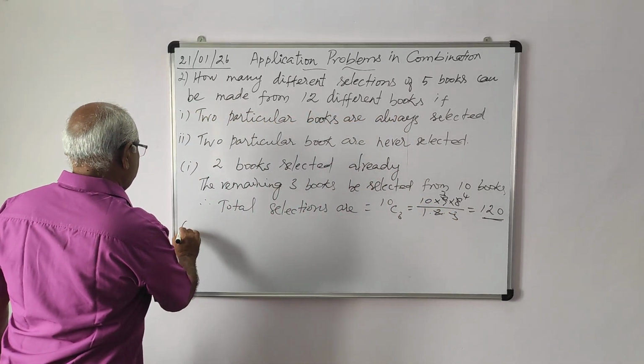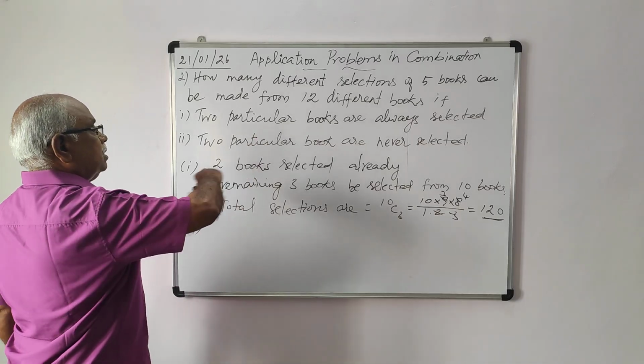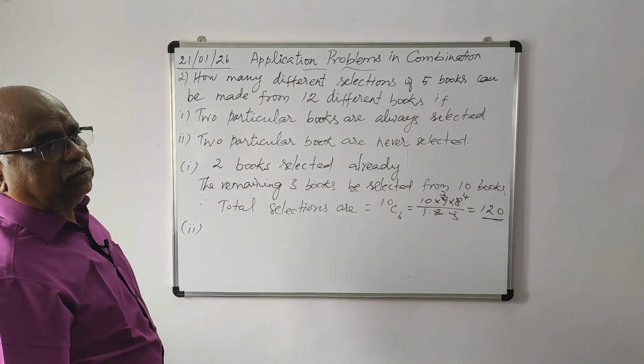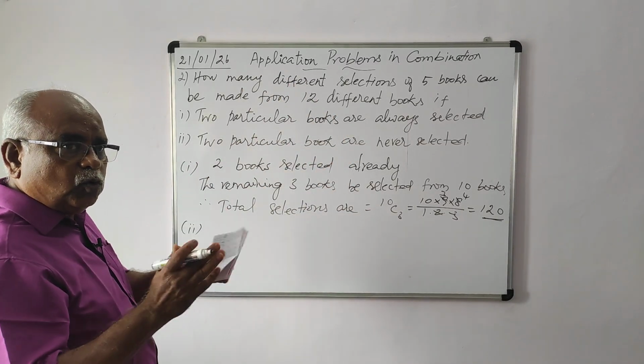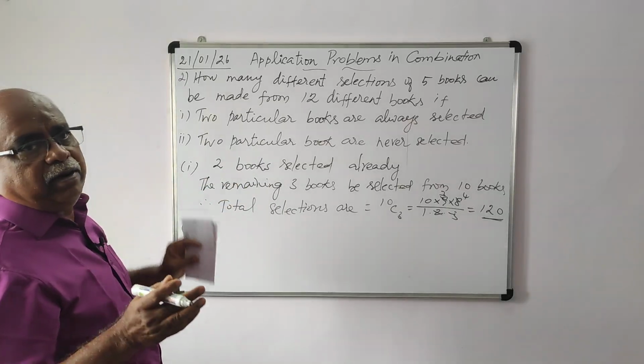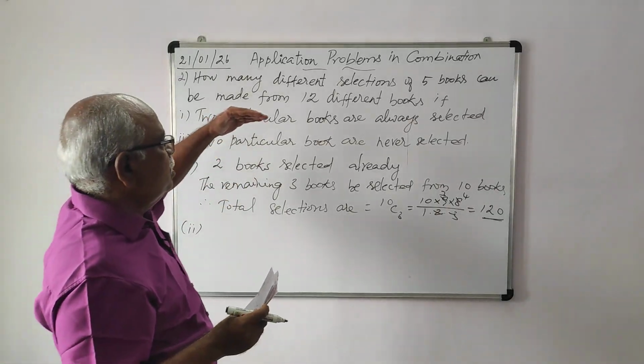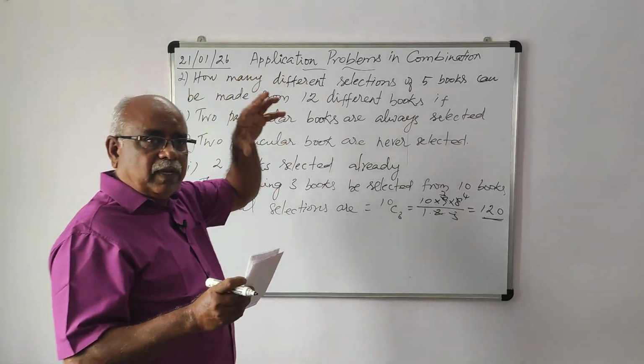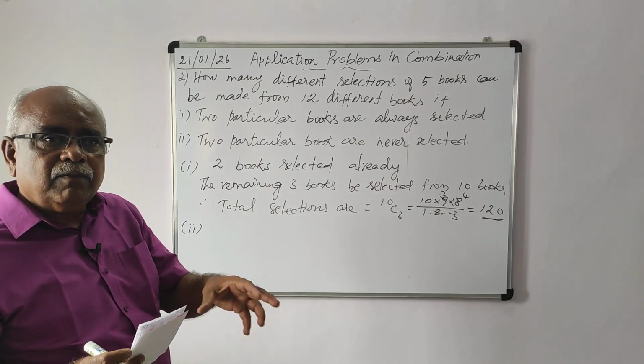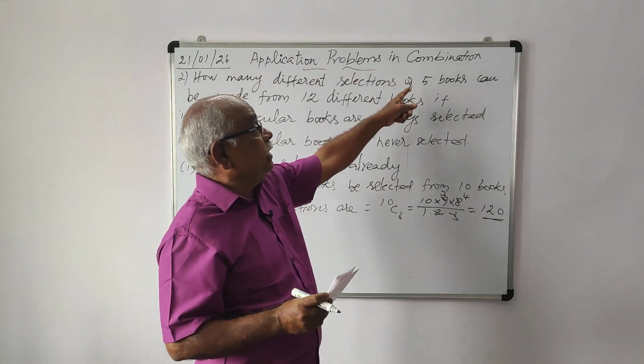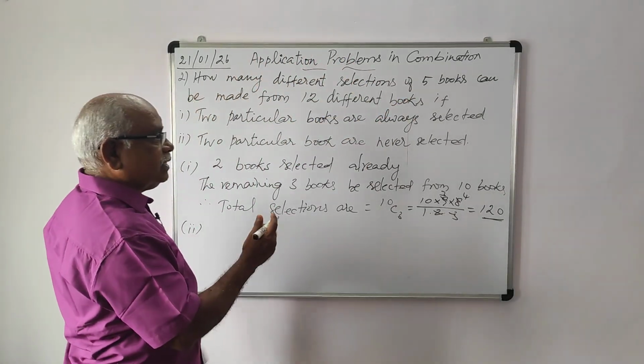Second case, 2 books never selected. In this case, the 2 books cannot be selected at any time. Therefore, the 2 books can be eliminated from the total books. So there remain 10 books, and you have to select all 5 books from them, because the 2 books are never selected.